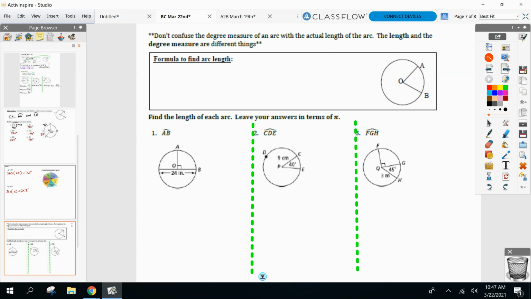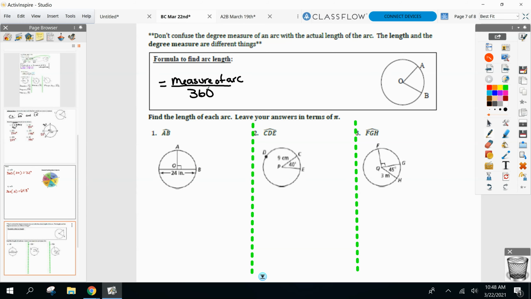How do I find how long an arc is? Second formula of the unit. First one, circumference equals pi d. Second one, length of an arc. Here it is. I'm hoping this formula makes sense. We're going to first do the measure of the arc, which we've done all class, in degrees, over 360.